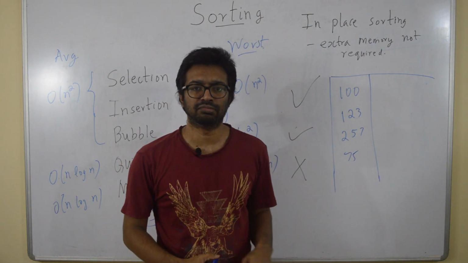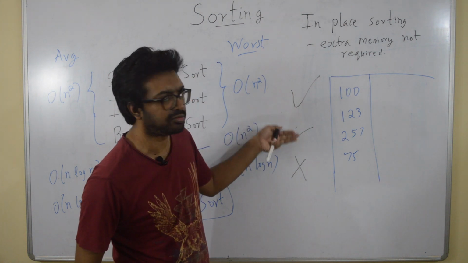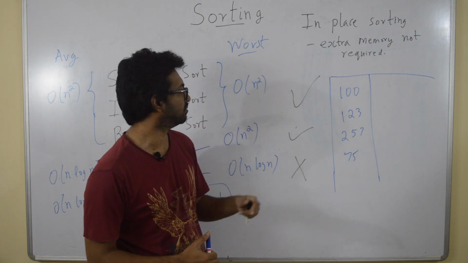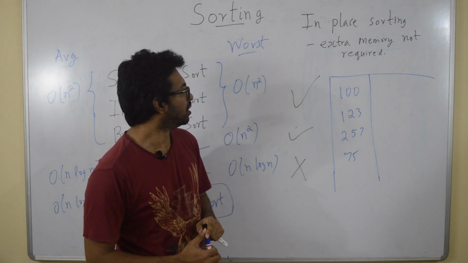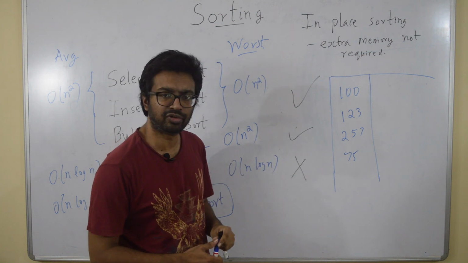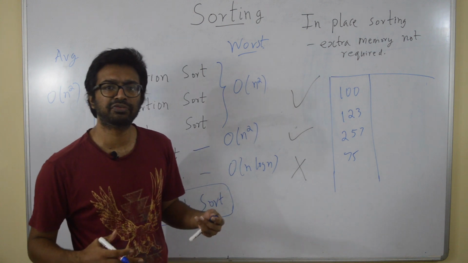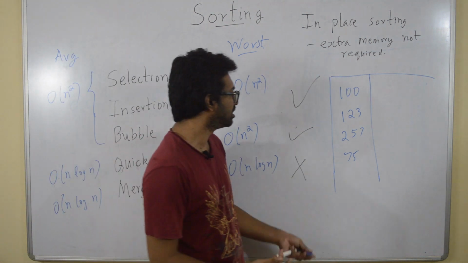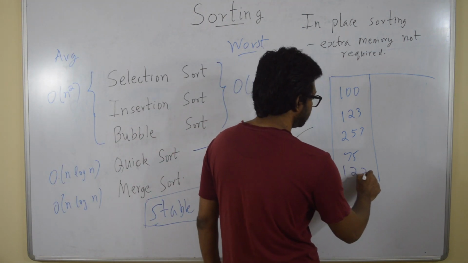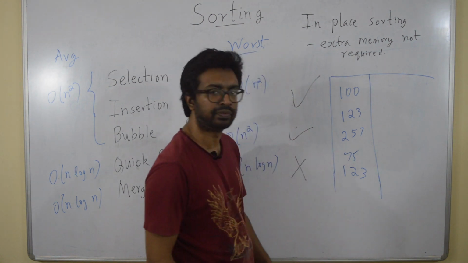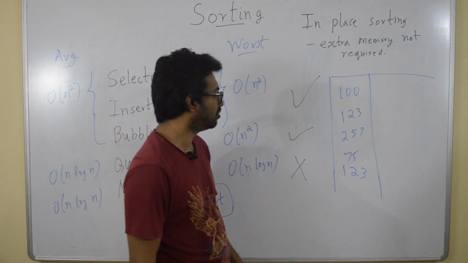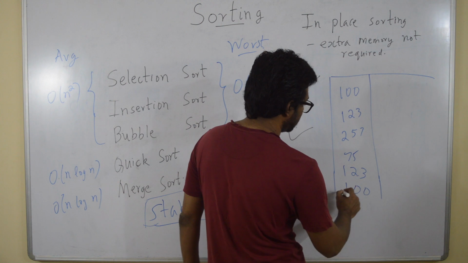These are some marks of some candidates. Your candidate names will be here, which I am not writing now. There will be certain candidates who have the same marks, so there will be someone with 123, and someone with 100 here.